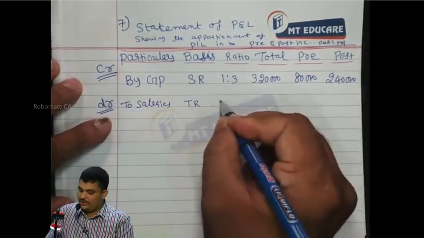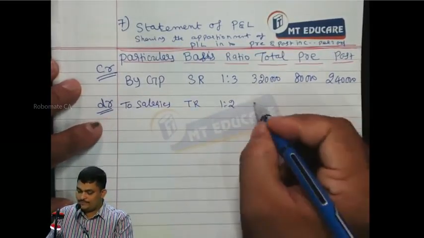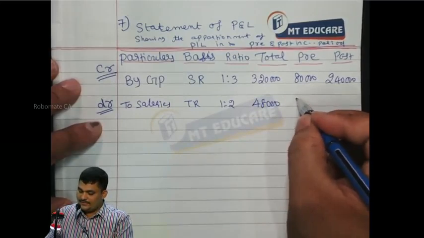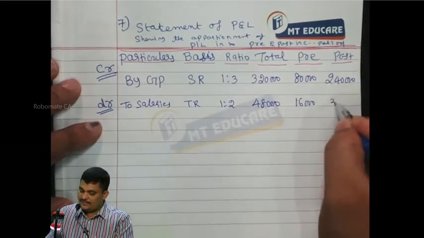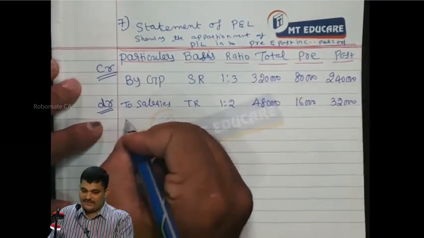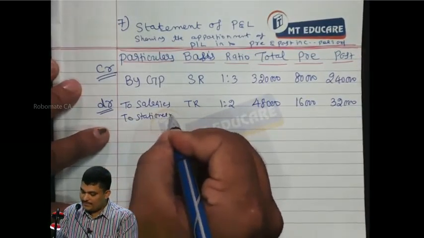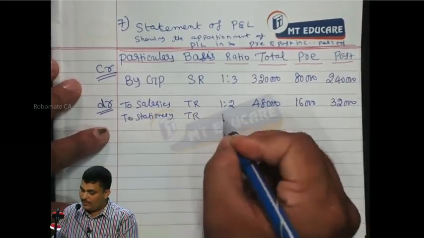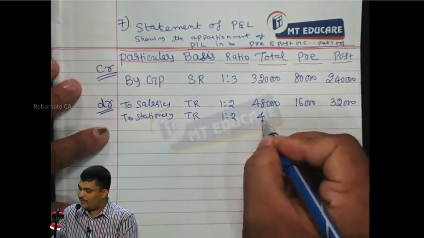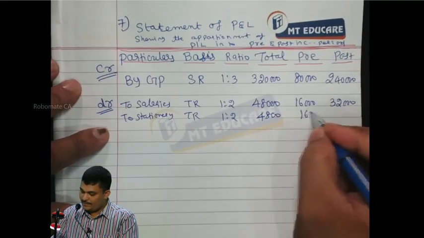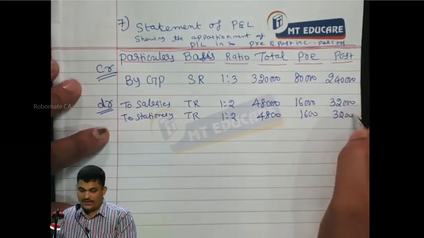Time ratio 1:2. 48,000, 16,000, 32,000. Next. Time ratio 1:2. 4,800. 3,200. Next.